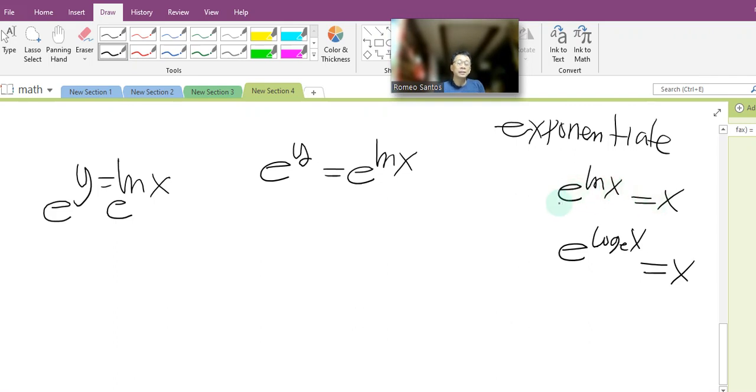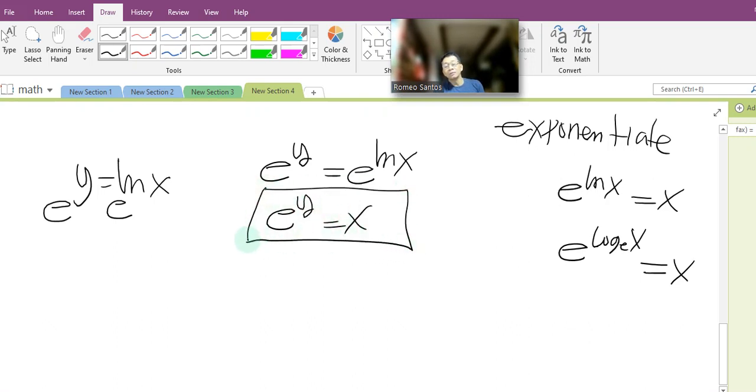When we exponentiate both sides, just remember that whatever you do to the left side of the equation, just do it on the right side, and you are not changing the equation. So, this becomes e to y is equal to x, which is the same as the exponential form. We call it exponentiating.